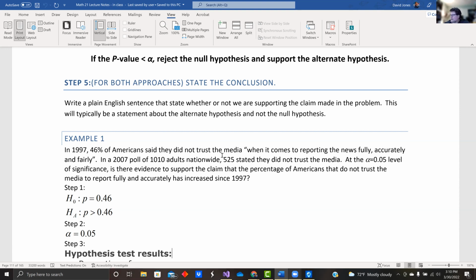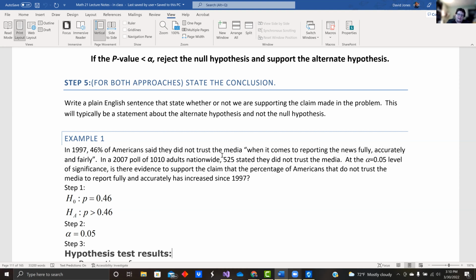So I'm just going to talk about what I'm reading. And I see that it says 46% of Americans. That sounds like a proportion to me, not an average, like average test score. So I'm thinking the proportion is 46% that we're targeting, which is 0.46.